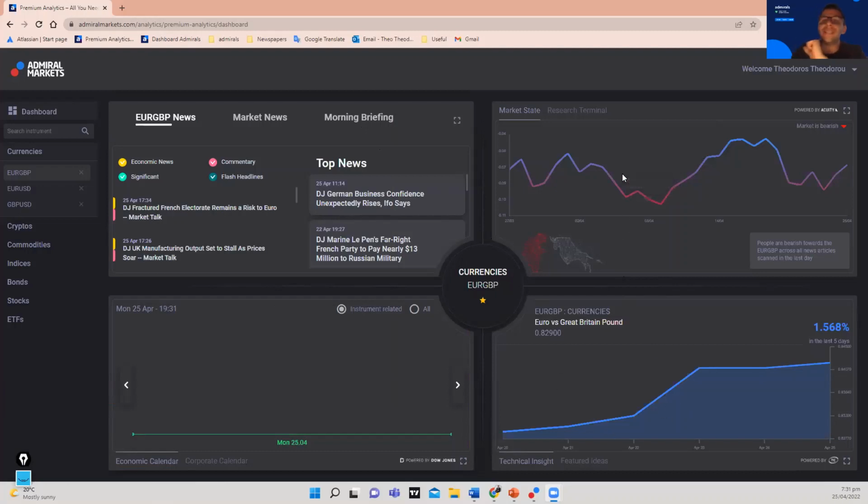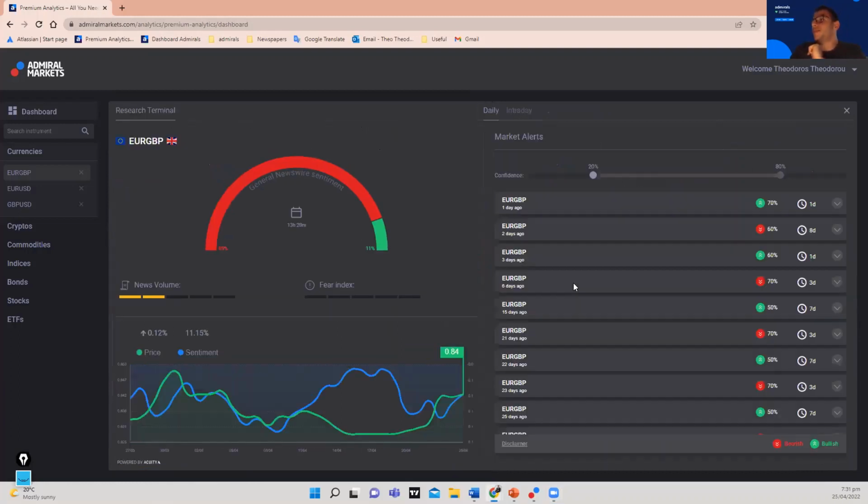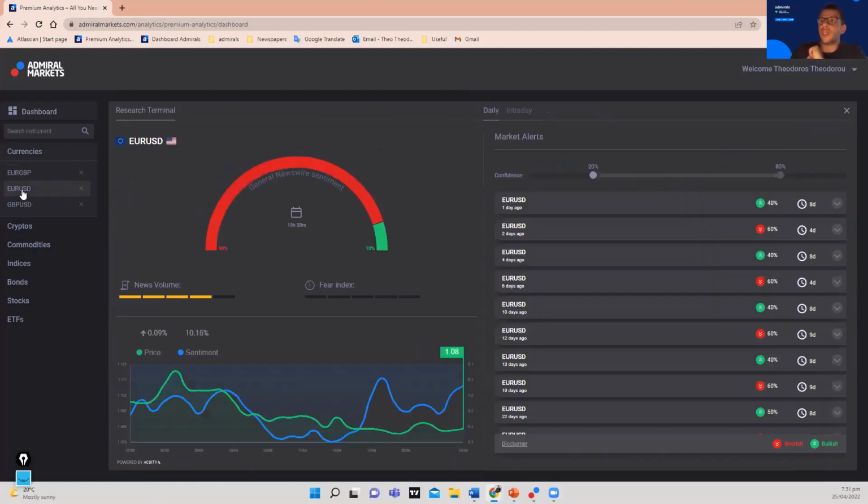They are more on the technical side. Okay. Now, this one here shows us the market sentiment. I would like to go on the Euro USD just to change the symbols, just to see different things. I don't want you to think that we stick with one pair. No, you can make your research with any pair you want.